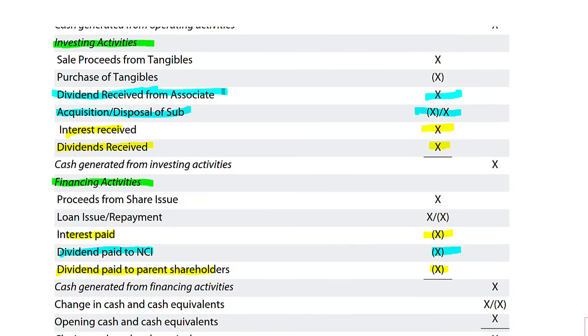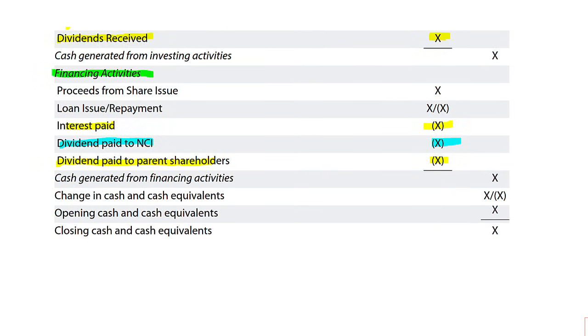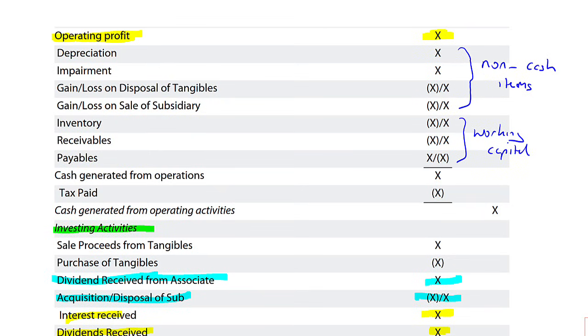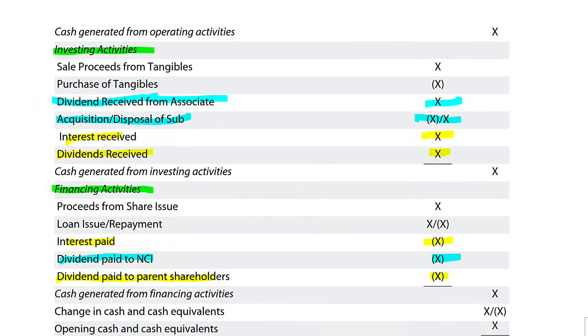So in terms of introduction, bear in mind the yellow points. The yellow points are, this is the format, and if you studied cash flow before 2025, you may have learned a different format. Starts with operating profit, and also interest and dividends, in investing and out financing.